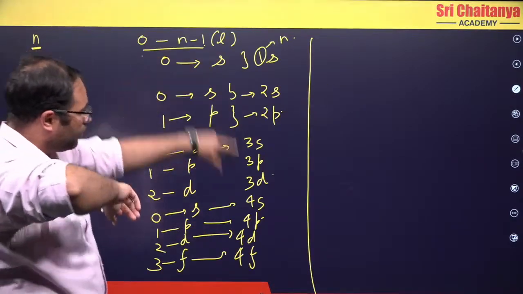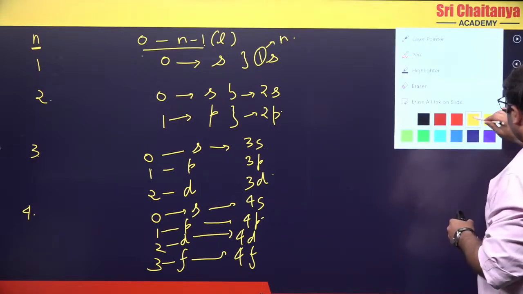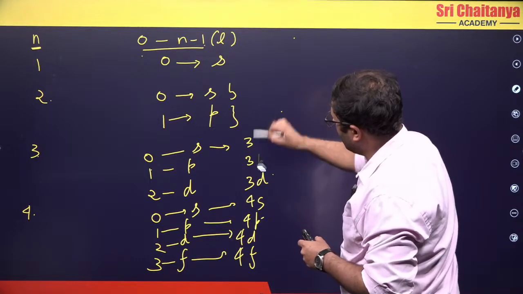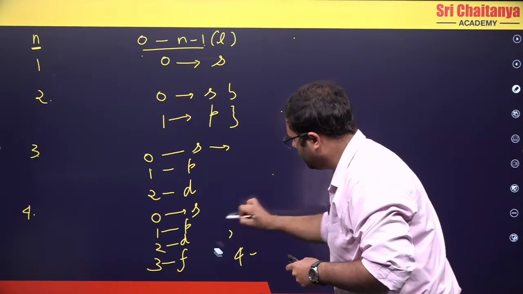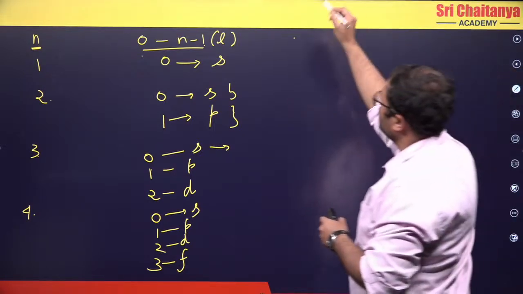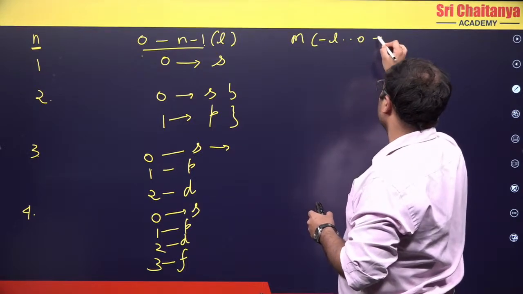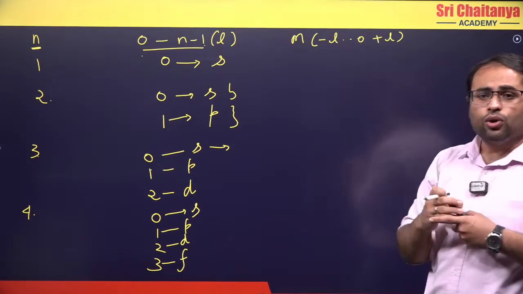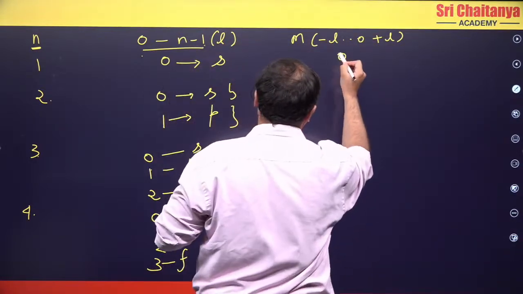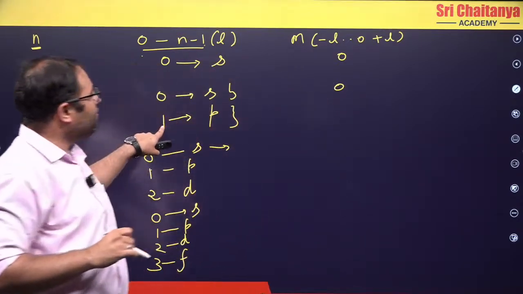Now, for that, I'll refer back to this place. And let us change it a little bit. Here I'm going to refer to the values of M. So, M will be from minus L, 0 to plus L. Okay. So, 0 in itself will not do anything, right? So, 0 means only 0. Here also it will be 0. Now, my L value is 1.